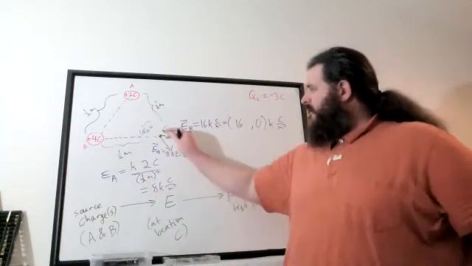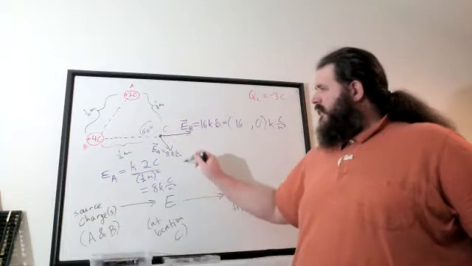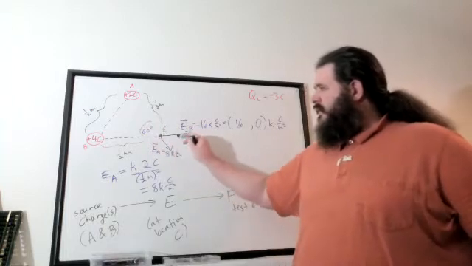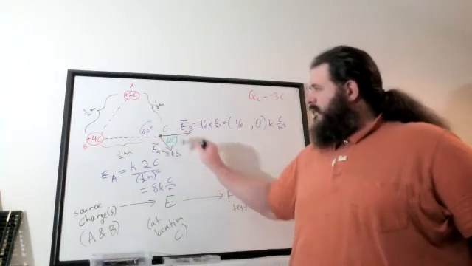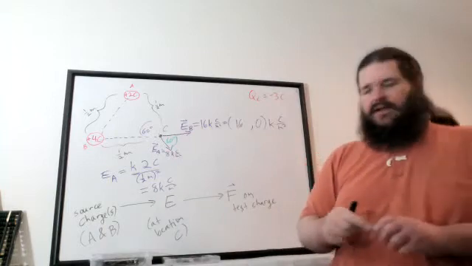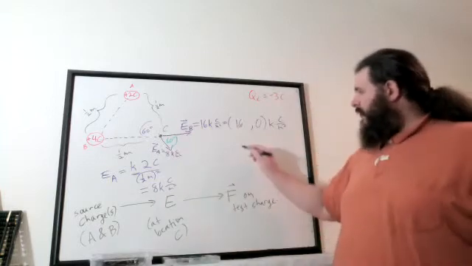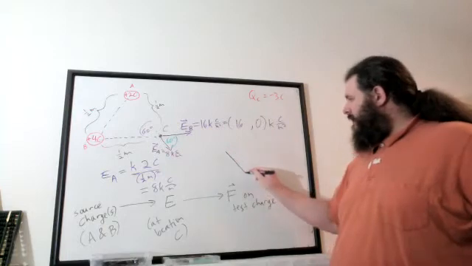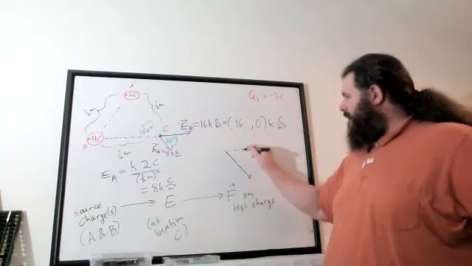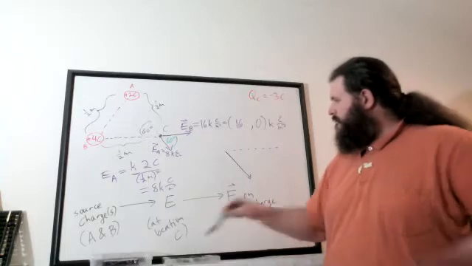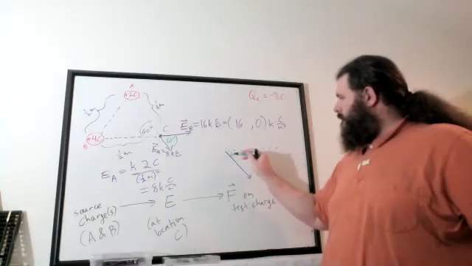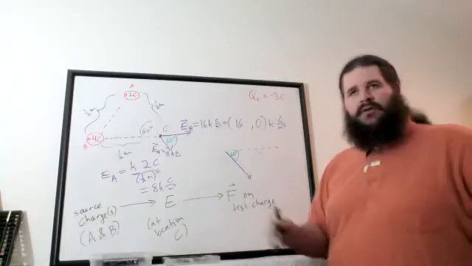And by reflection, we can say that since this is just a continuation of this line and EB is a continuation of this horizontal, this is also 60 degrees. So we can say for sure, thanks to geometry, that electric field A makes a 60-degree angle with the horizontal, or below the horizontal.